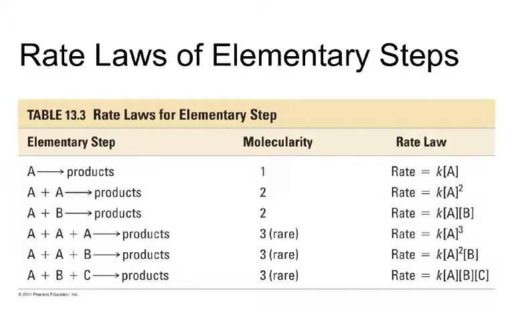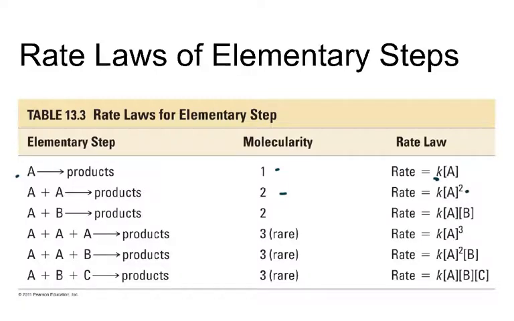And unlike an overall reaction, we can determine the rate law of an elementary step just based on its reaction. So if we have A going to products, its molecularity is 1, and its rate is just the rate constant for that step times its concentration. If it's 1 molecule reacting with an identical molecule, it's a bimolecular step, and the rate law is k times [A] squared.